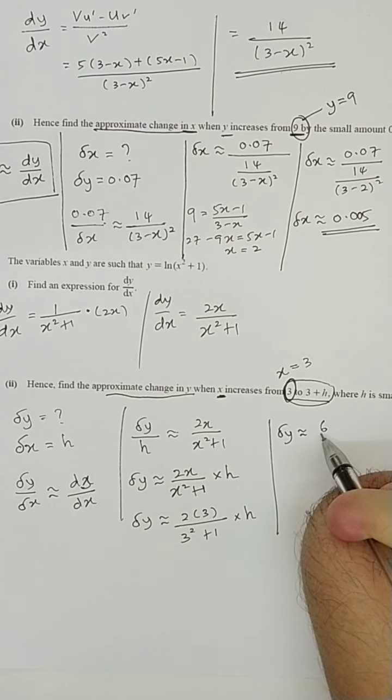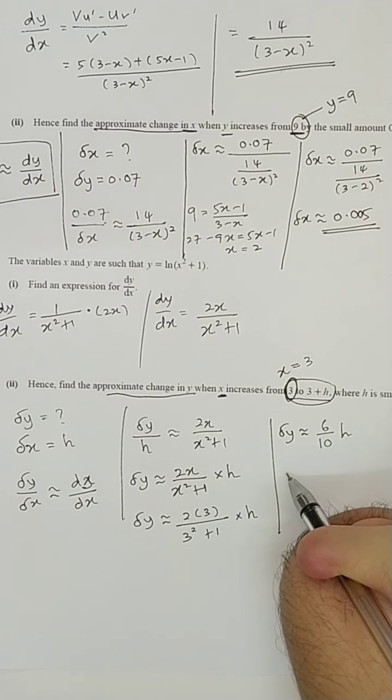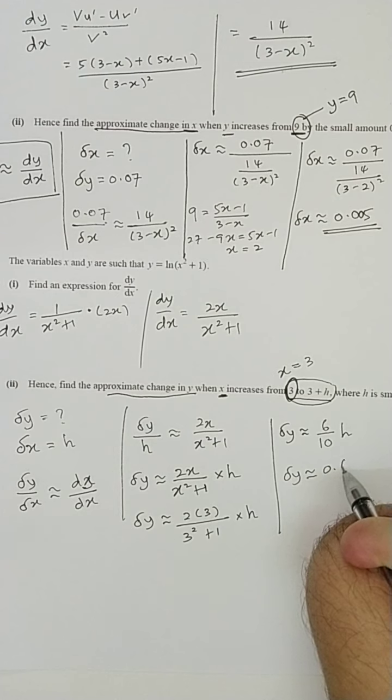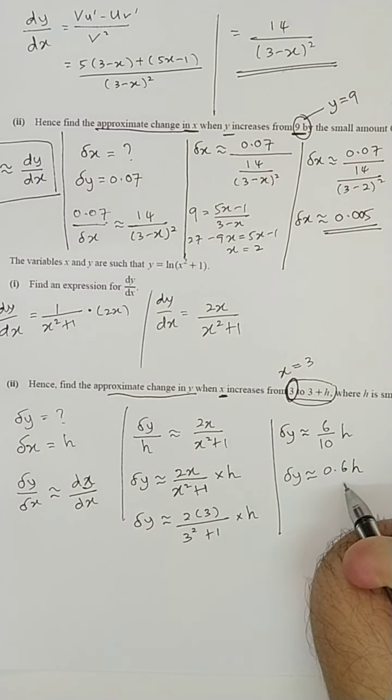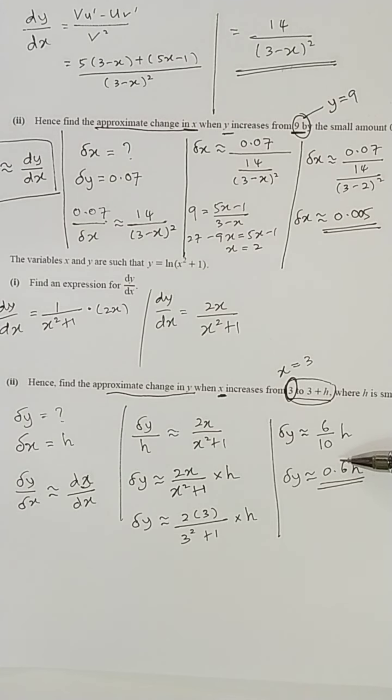So you will get 6 over 10 h, or delta y is 0.6h. So this is the approximate change that happens in y when x increases from 3 to 3 plus h.